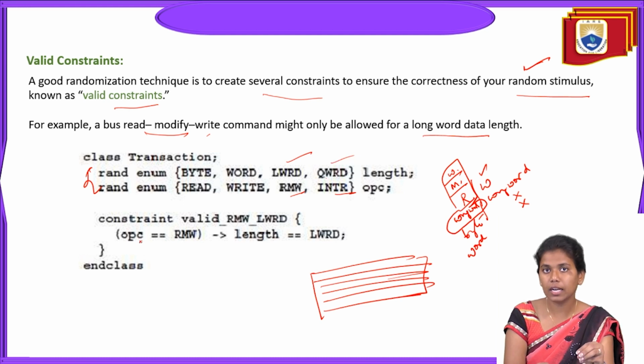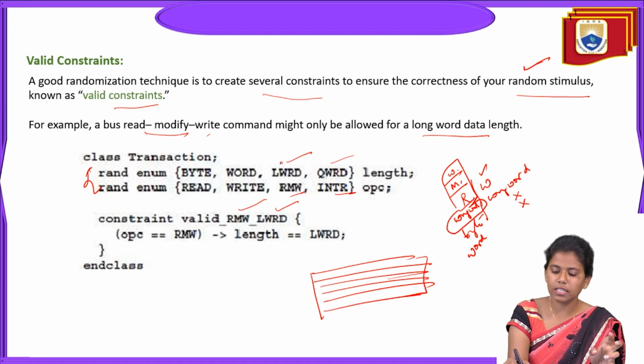And now we will see the constraints regarding validity. Constraint valid is RMW, long word, read, write. Why? Because we are making sure that the random stimulus we have considered is just to overcome the randomization.